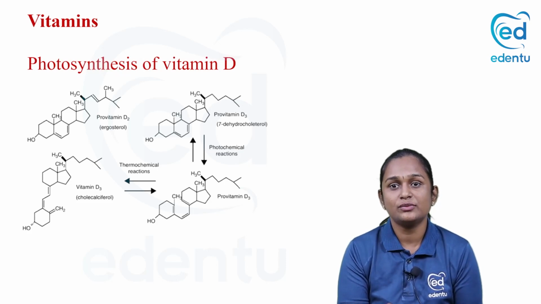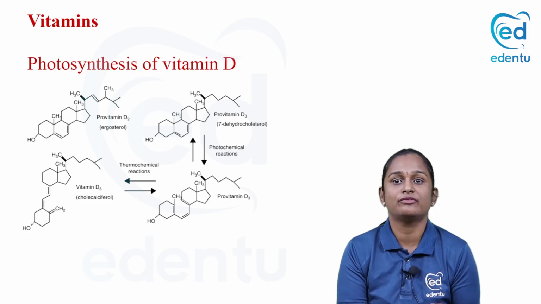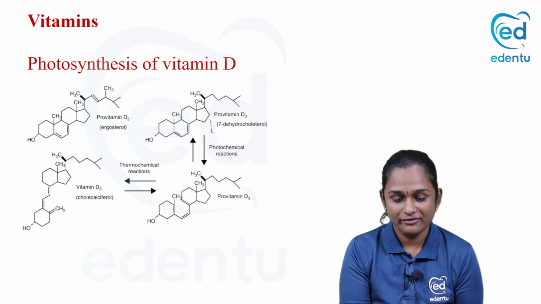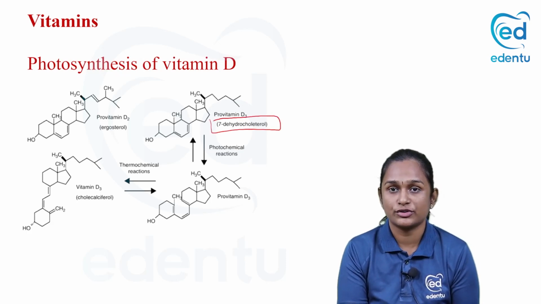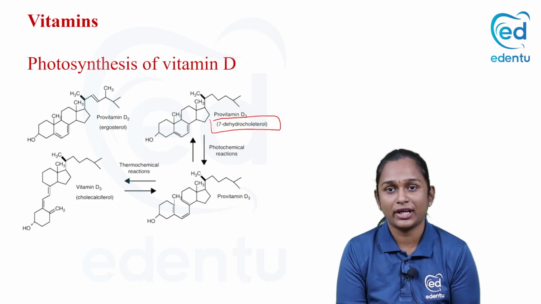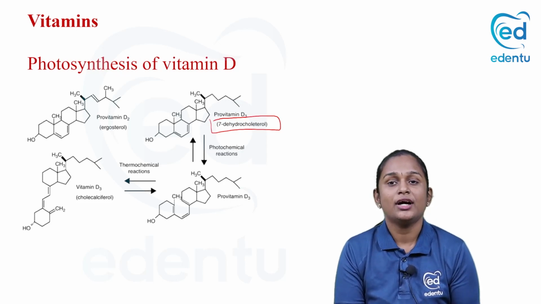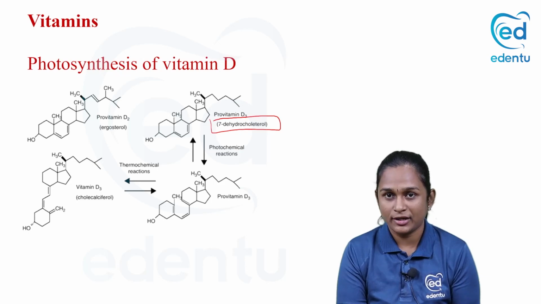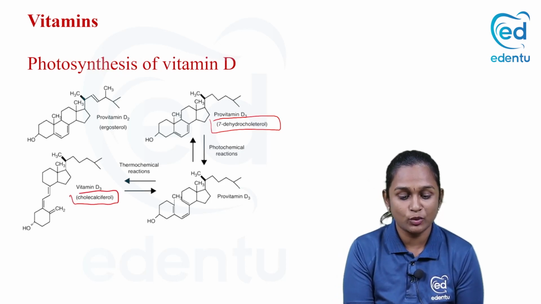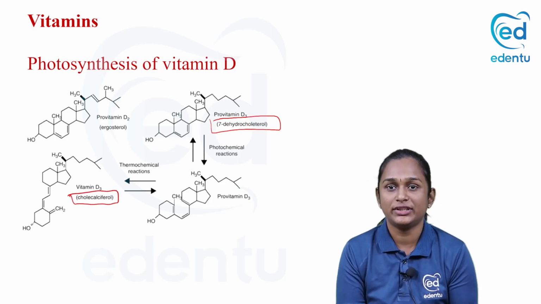So the precursor which is required for the synthesis of D3 is 7-dehydrocholesterol. When the 7-dehydrocholesterol is exposed to light, it gets converted through a series of thermochemical reactions and finally forms cholecalciferol, that is vitamin D3.